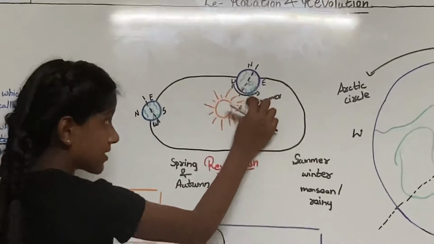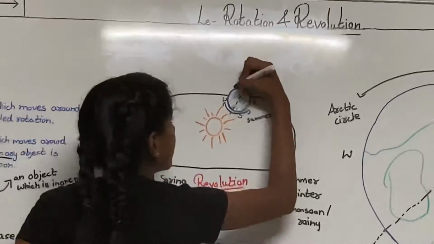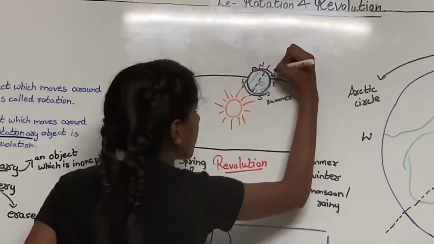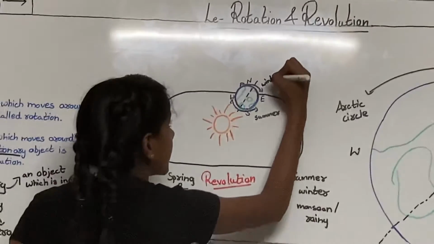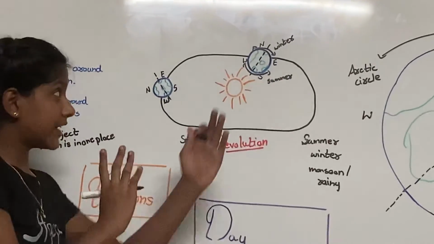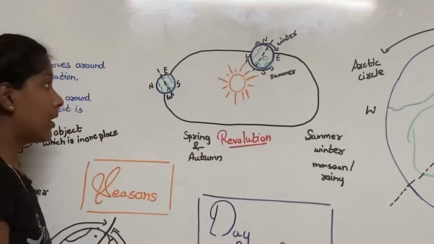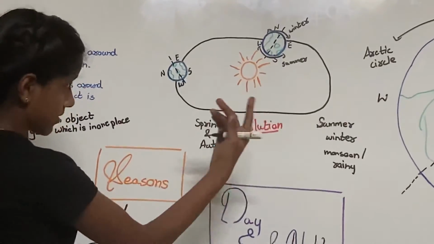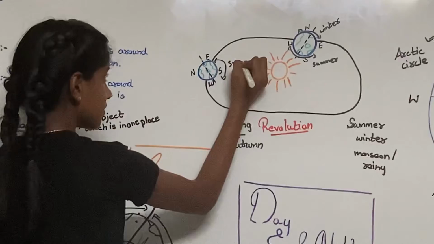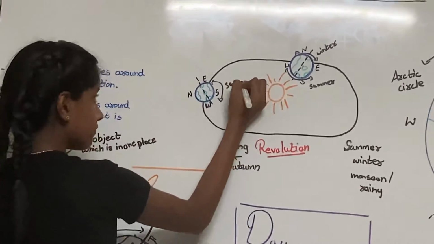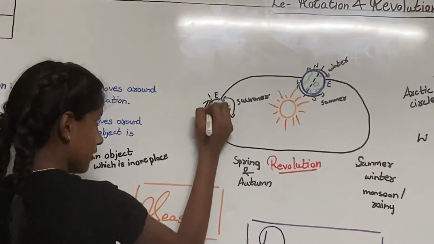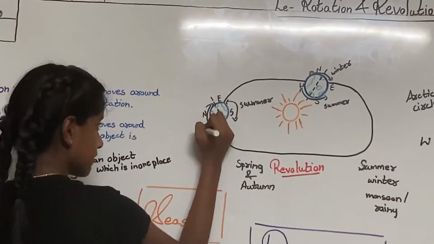That's why it's here summer, and here winter because it's away from the sun. It is not facing the sun, but here it's the opposite. Here it is summer and here it is winter.